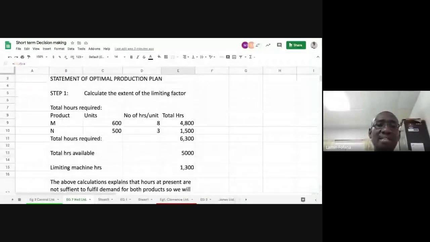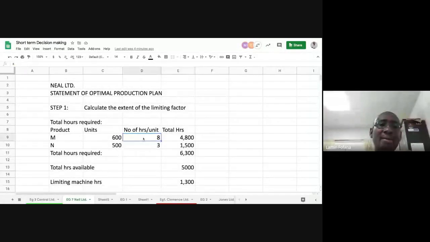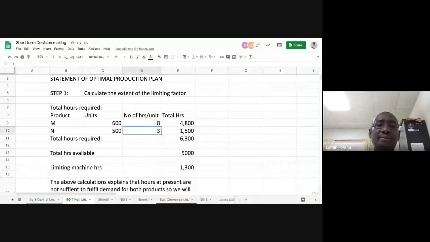But when you look at the scarce resource, it takes 8 hours to produce 1 unit of M. Look at product N. It takes only 3 hours to produce 1 unit of product N. So that means it takes more than 2.5 times as long to produce 1 unit of M compared to N. So it's a lot faster to produce N than to produce M.